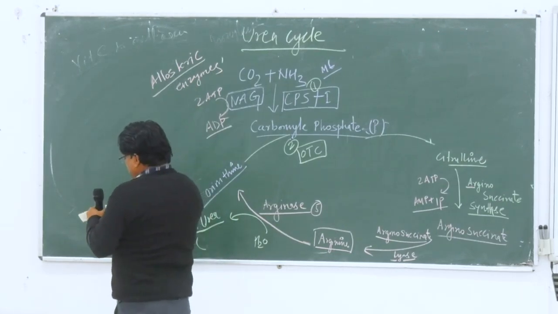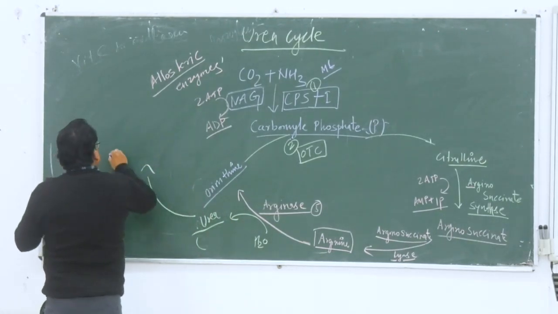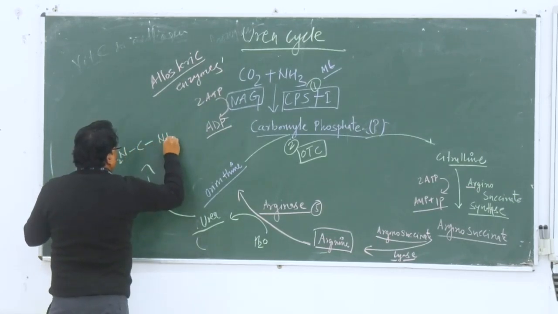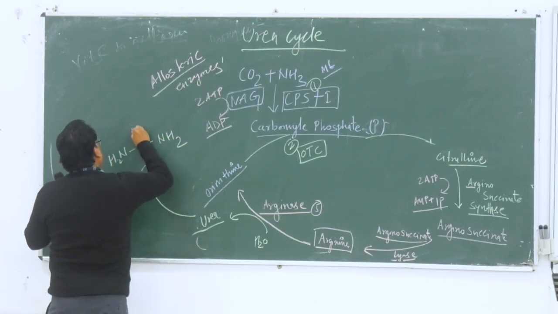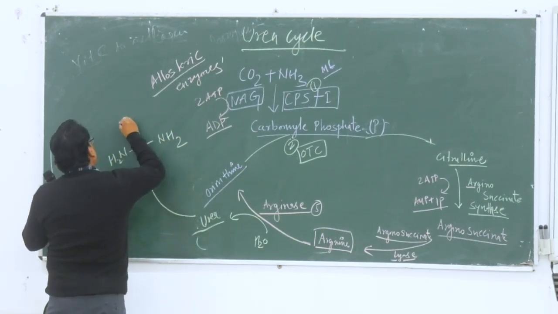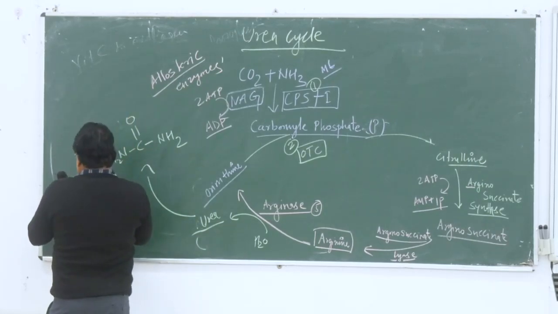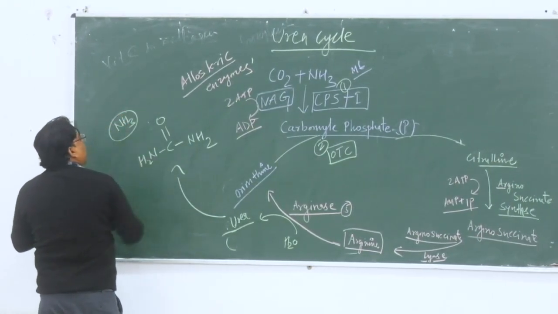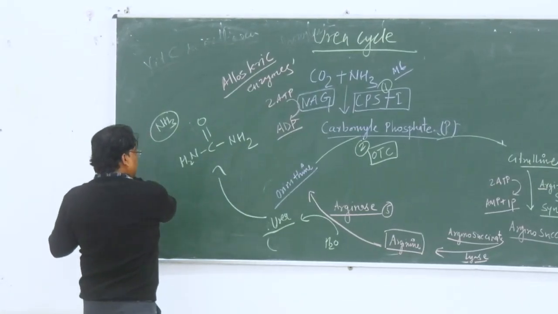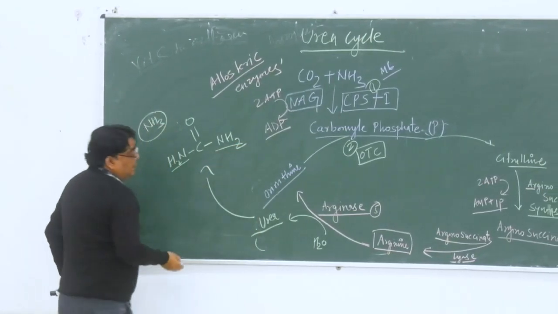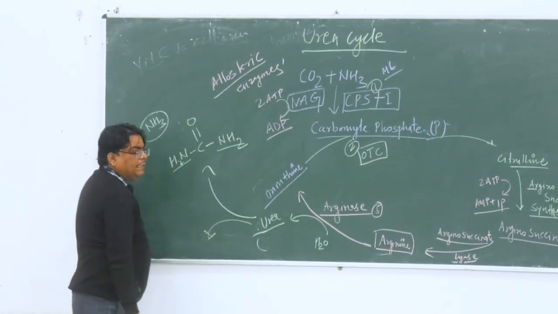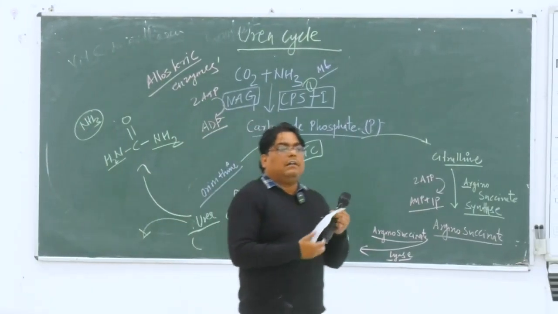And if you see the molecular structure, there is removal, and this urea is removed through the kidney and excreted from the body.